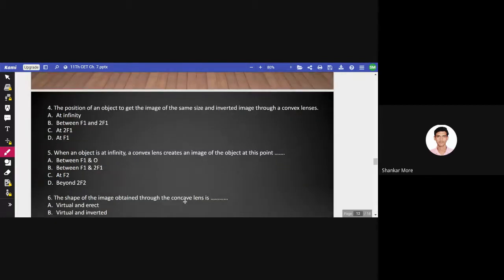Next one. Okay, the position of an object to get image of the same size and inverted image through the convex lens. So what shall be the position of this object? कहाँ पे रखना पड़ेगा हमें जिससे कि हमें एक inverted और same size image मिले?